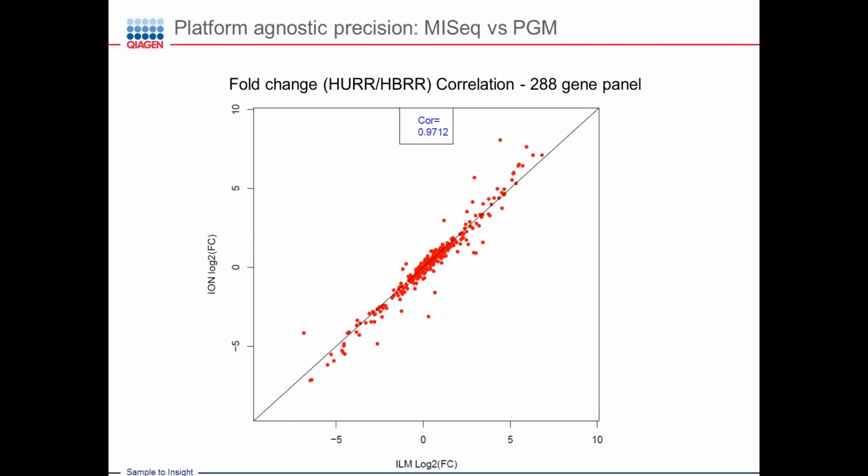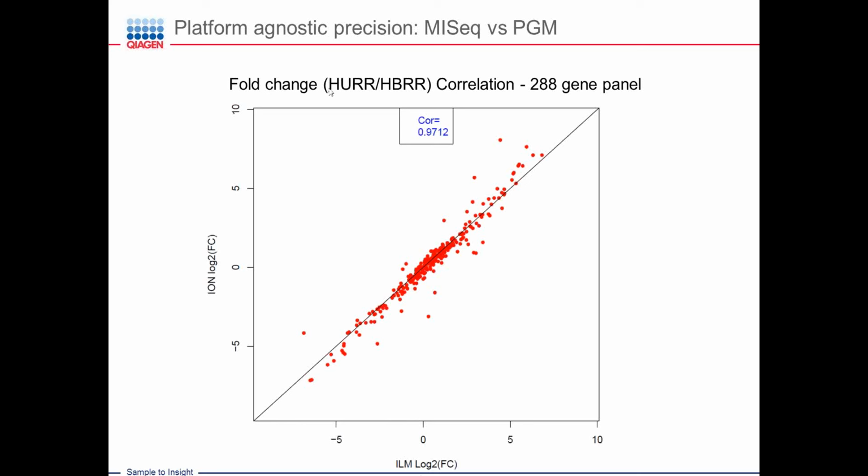So let's just look a little at performance. This is an example of a 288 gene panel that's run on 10 nanograms of total RNA. And it's run on 2 samples, human brain and human universal reference, which is a pooled RNA sample. And it's run on the Ion Torrent PGM, and it's run on the Illumina MiSeq.